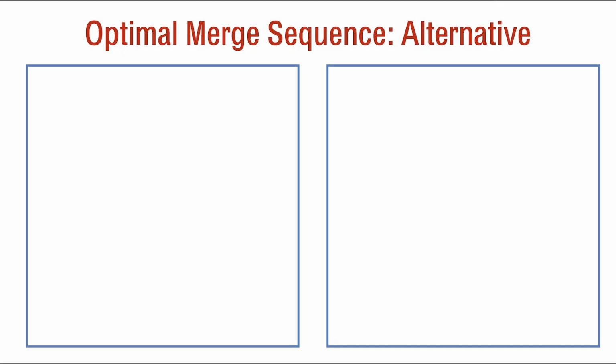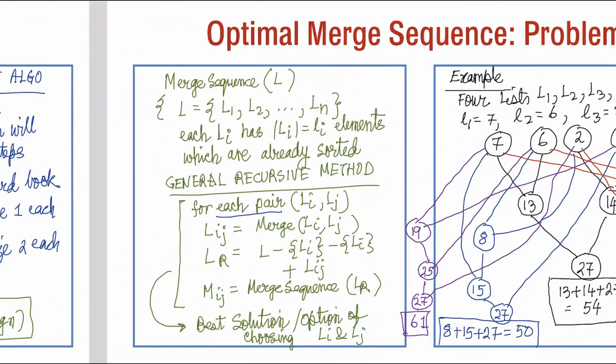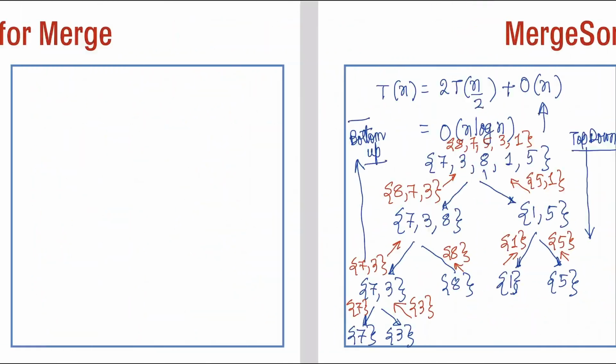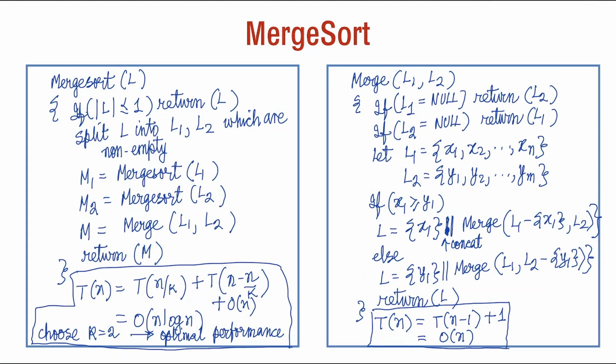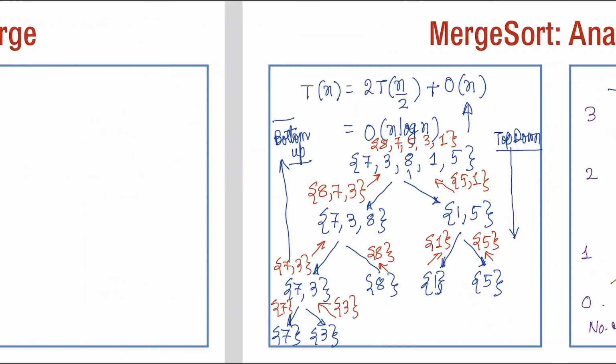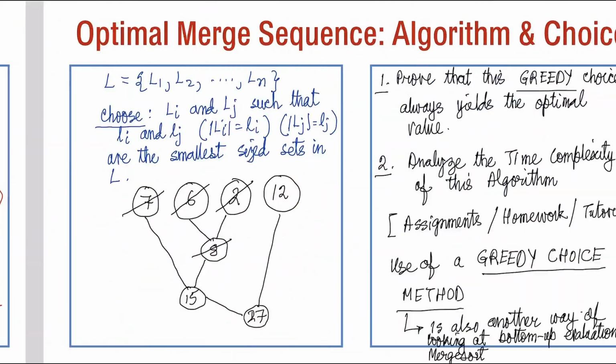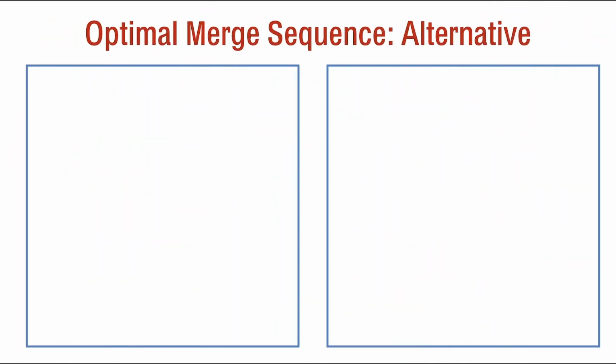Now, there is another way of looking at it in an alternative form. What we do is we go back to our merge routine. And we know that in our merge routine, we had two lists L1 and L2 on the right side as is seen, and we compared these elements. So now let us look at the alternative way of doing merge.